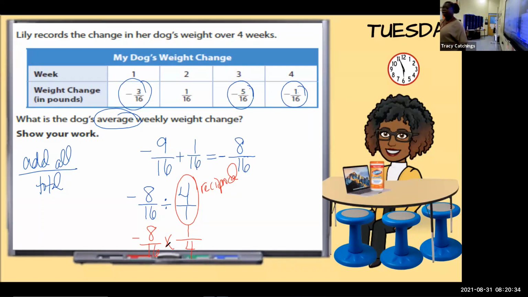8 times 1 and somebody tell us 16 times 4. 64. Will it be positive or will it be negative? Negative. All right, 8/64. Does it have anything in common?